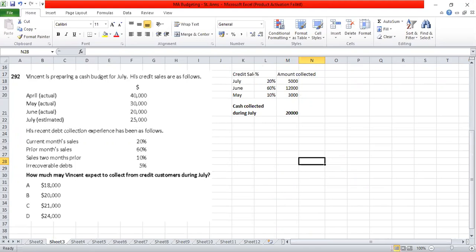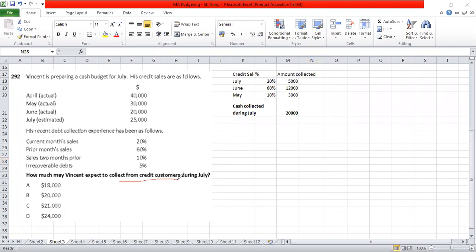So maybe that 5% is cash sales. So the missing figures could be something else. It could be inferred to be cash sales because they are discussing only about the credit sales. His credit sales are as follows. So the rest of that 5% could be cash sales. So do we have to assume it? Because we are asked only to find out what is the expected collection from the credit customer.